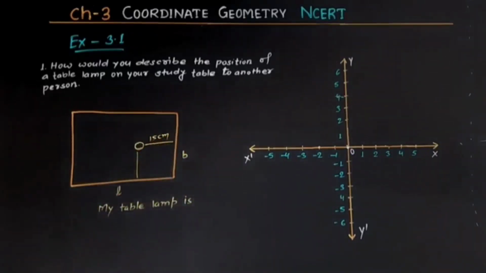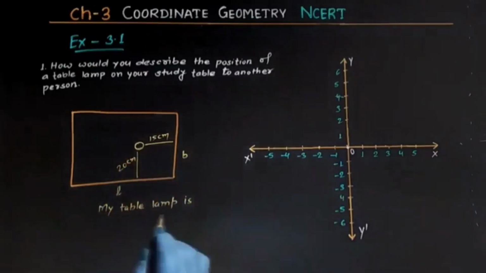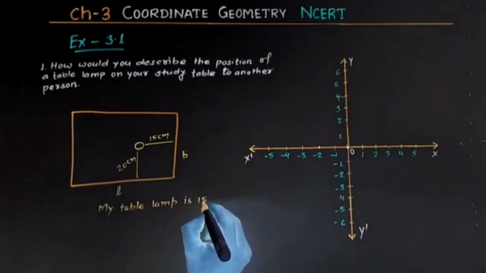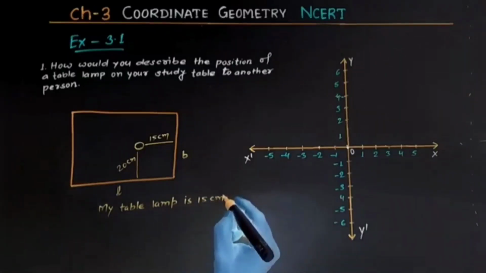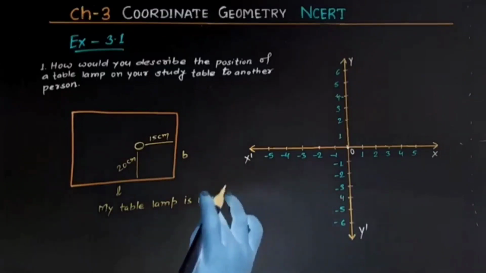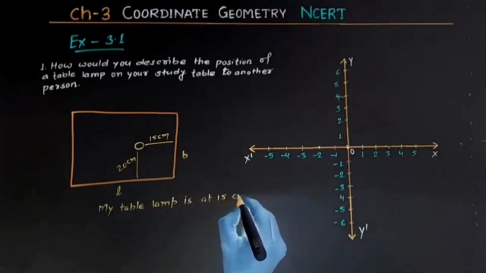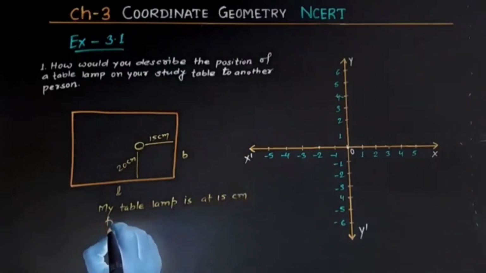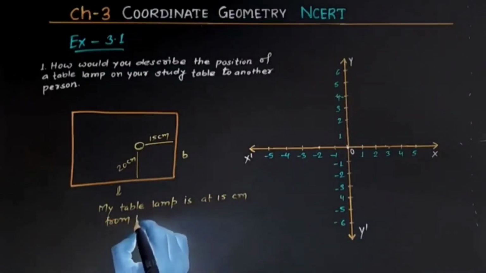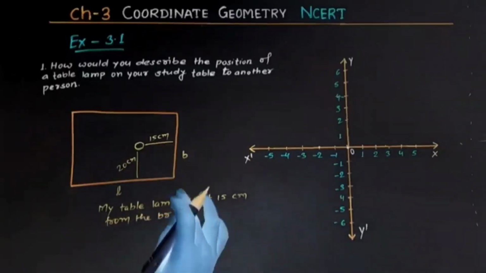Suppose the table lamp is 15 centimeter away from the breadth, so my table lamp is at 15 centimeter from the breadth.